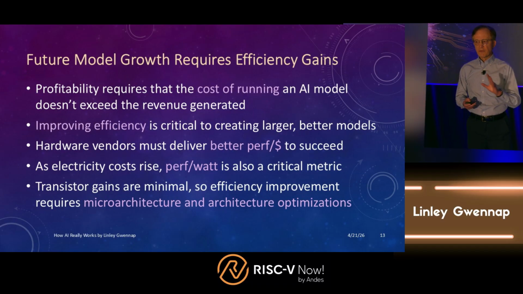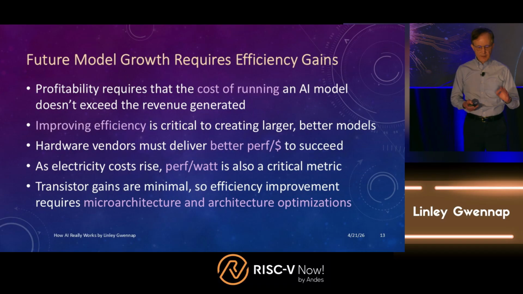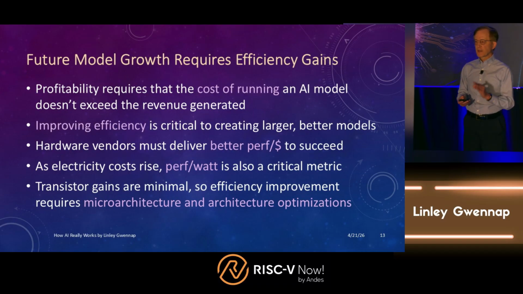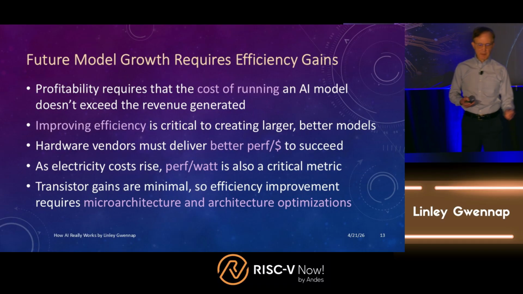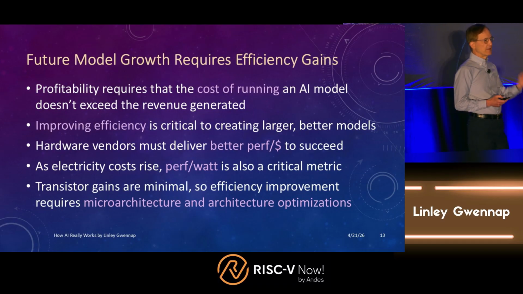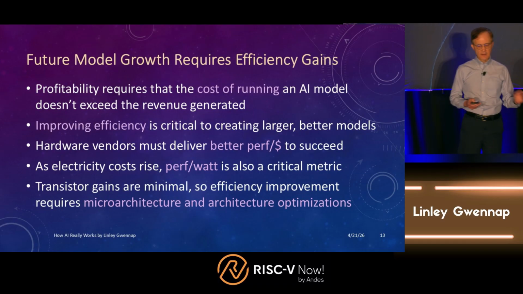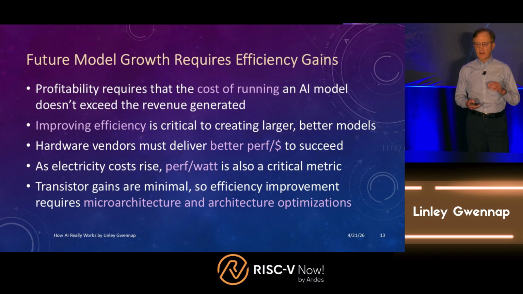So hardware vendors are really trying to deliver this better performance per dollar because that's what the customers are demanding. We want bigger models, but we want to be able to do them in the same cost envelope as the existing models. And so there's this big focus on efficiency right now.